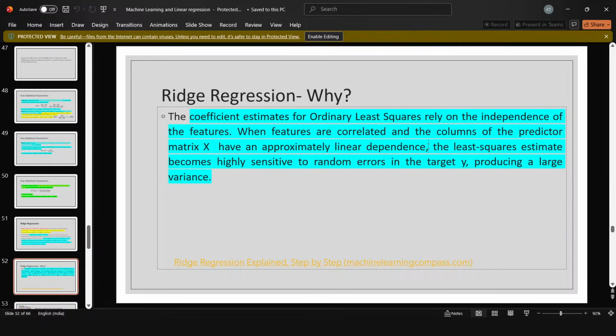You can just reduce it to a linear model because the features are linearly dependent. The least squares estimate becomes highly sensitive to random errors in the target. So instead of measuring the actual required errors, the model starts becoming highly sensitive to the random errors in the target Y. These random errors are unpredictable, and hence you'll get a large variance and the model you train won't be a good one.